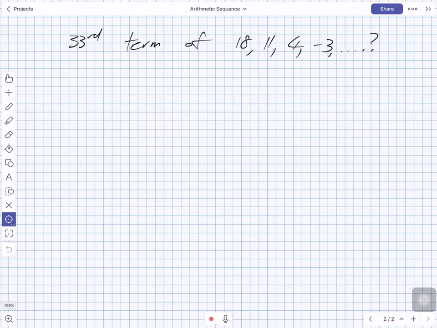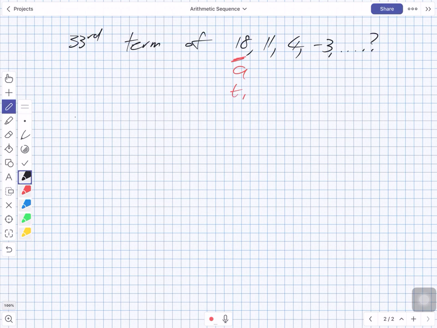I think we've put one up. Yeah, here we go. They've given us a sequence. They want us to find the 33rd term of 18, 11, 4, -3. So what would my a value be? 18. Great. A value is 18, also known as t at 1. I'm going to write out the general term.